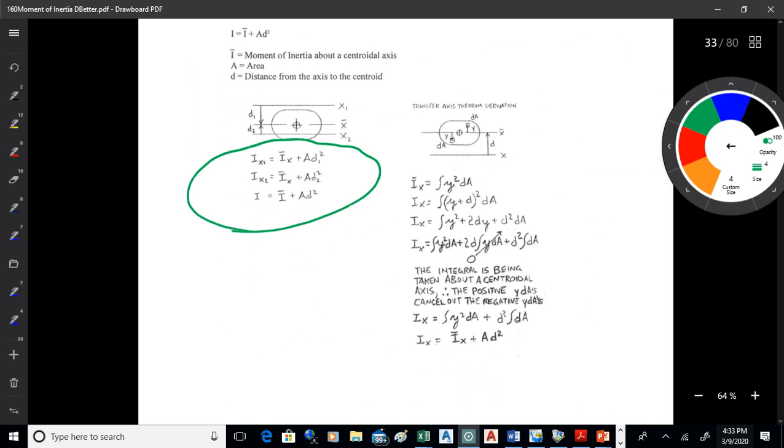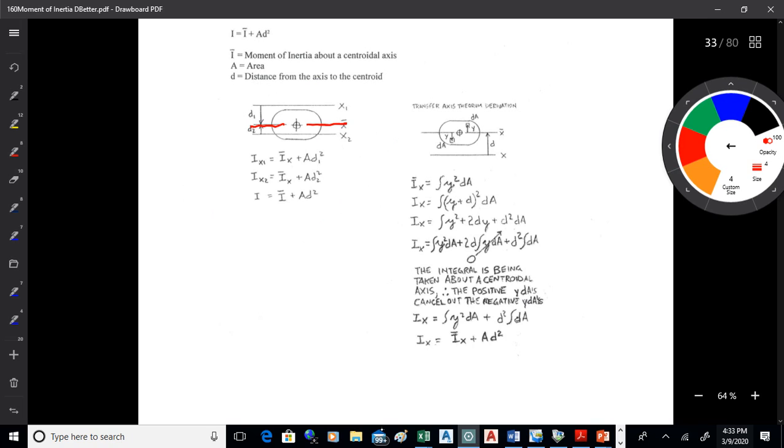So there's an example. I've got a shape up there. This is on page 682. And I can find the moment of inertia of that shape about its own centroidal axis, so I'll put that in red about this axis. Okay.